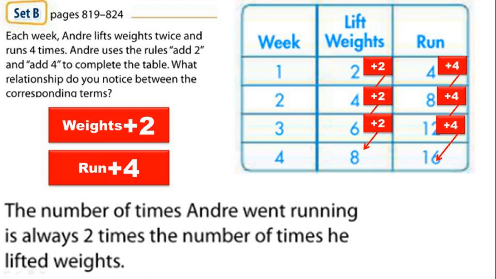Through the table also, if we divide 4 over 2, you will get the quotient 2, which represents that the number of times Andre went running is always 2 times the number of times he lifted weights.